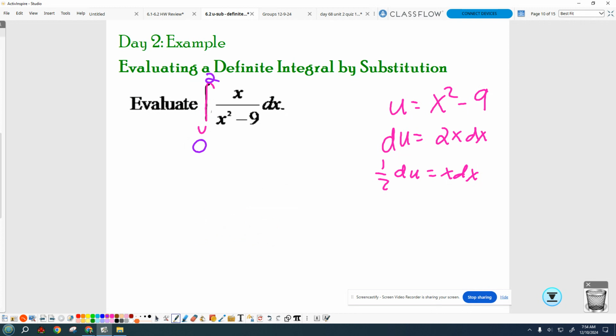So here's how that changes things. Translating again, like I did a second ago, 1/2, 1/u, du. But now I have another thing to switch. I have bounds on there. And this is from x value 0 to x value 2.